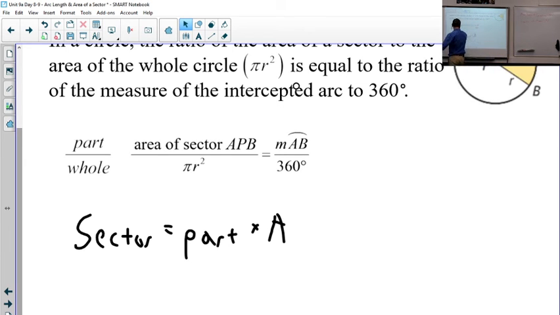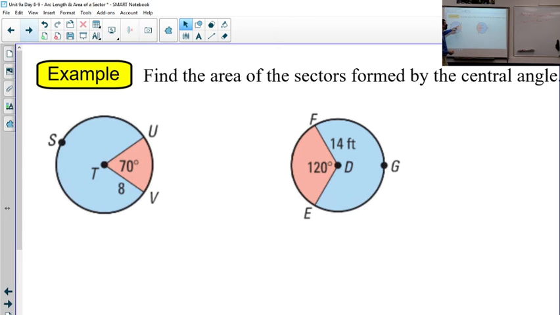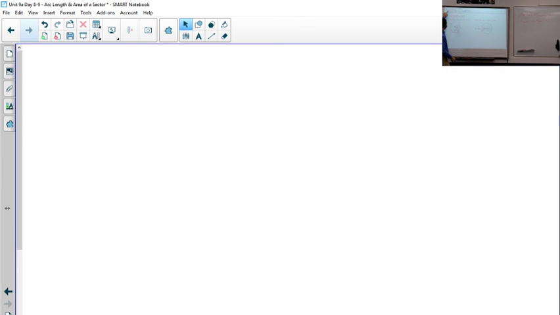So sector is related to area. And we had done a couple problems like these two examples. And I want you to use these two examples as your baseline to try this problem on your own.